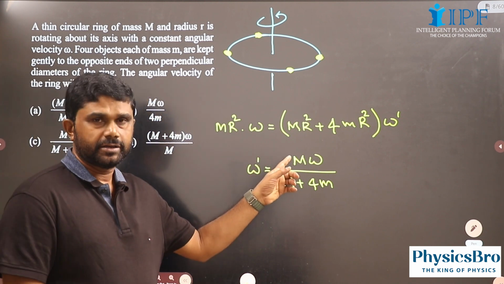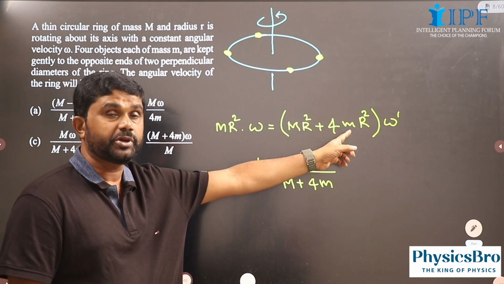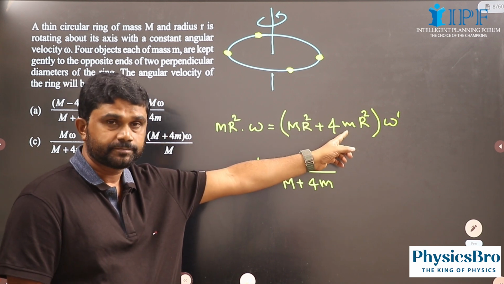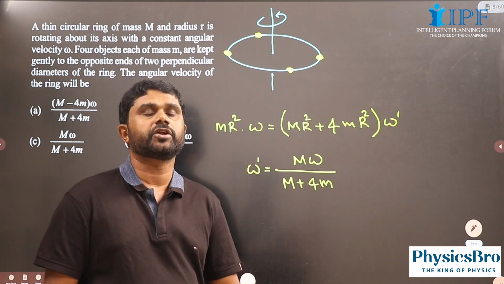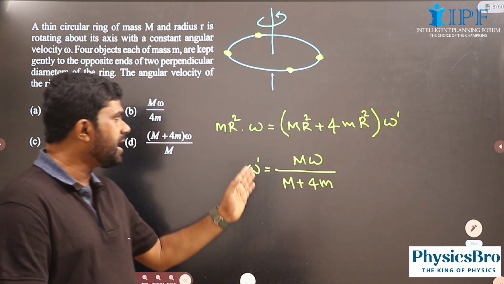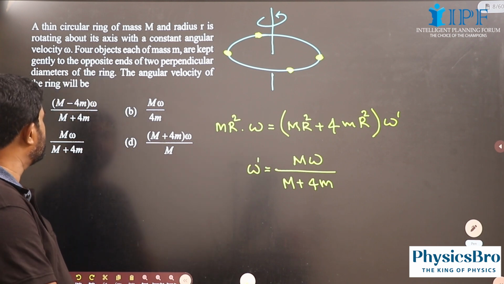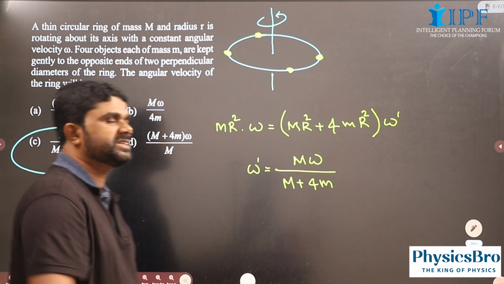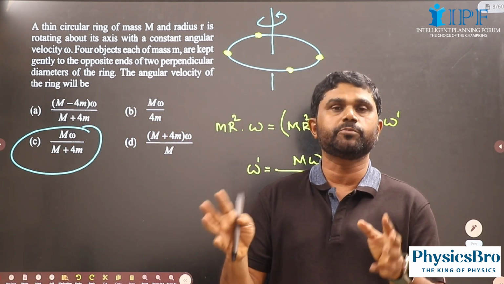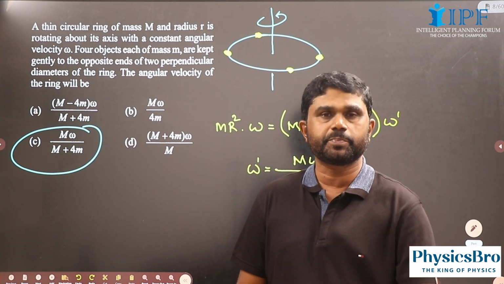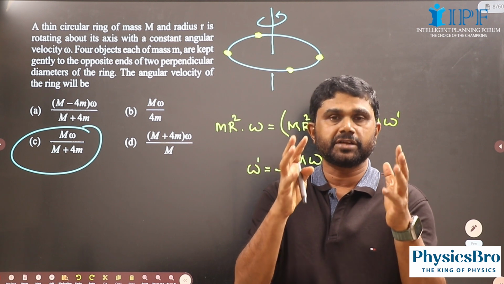So finally, the total moment of inertia is M r square plus 4 m r square, and final angular velocity omega dash. So omega dash will be M omega divided by capital M plus 4m. This is very simple, but it is a typical question. Many times same or similar questions appeared in the NEET question paper. So you have to understand this.